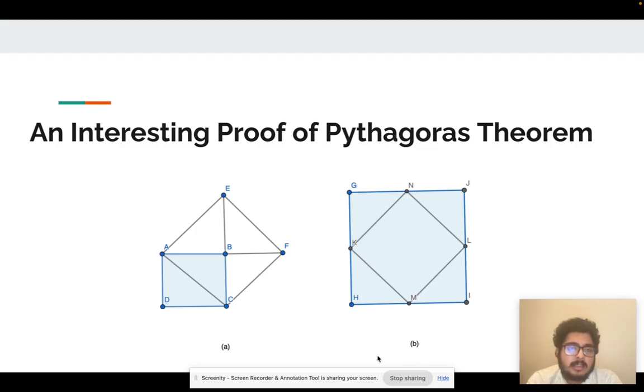With this, very easy. You just observe that this is your square. Notice that if you complete this square, it is very simple to see that if this square has area A, then this will be area A by 2.